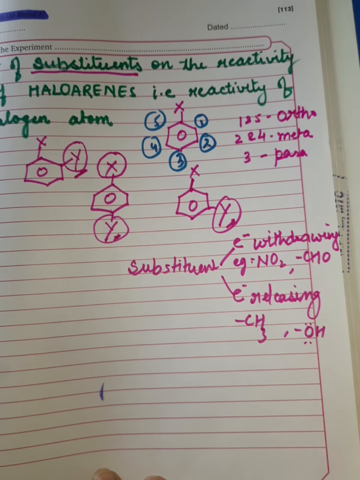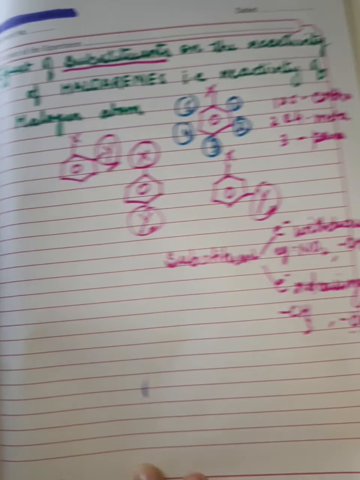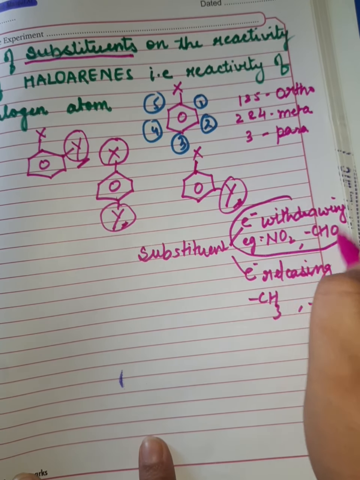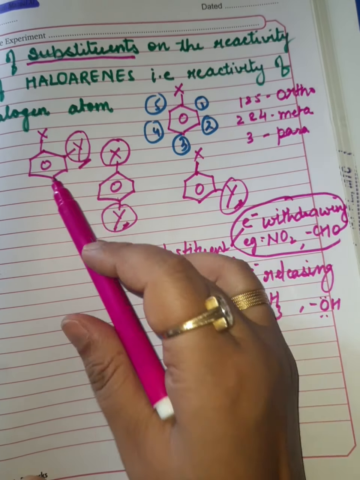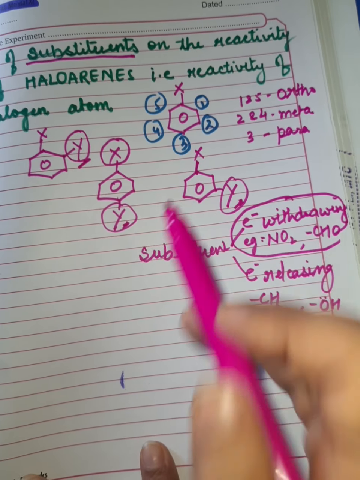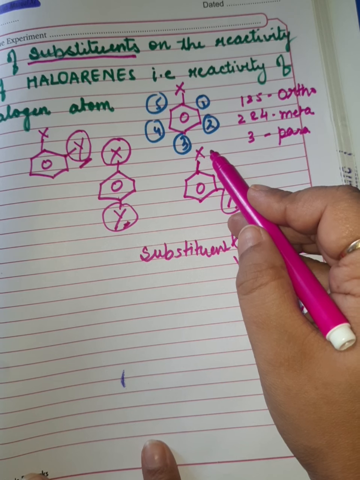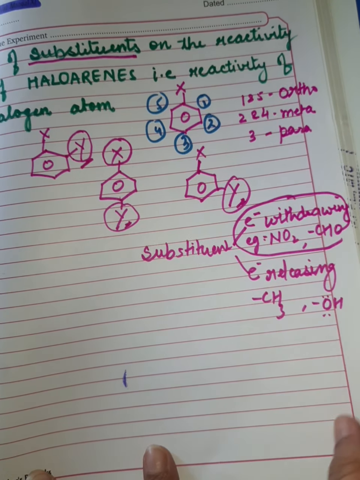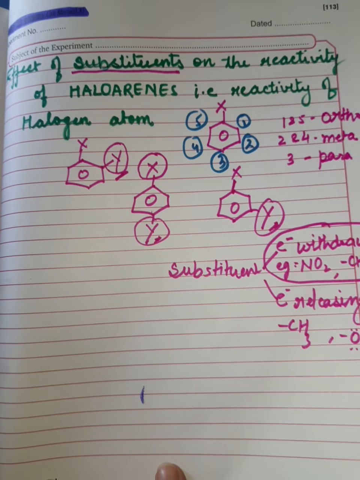So in case of haloarenes, dear students, it is found that the presence of these electron withdrawing groups on the benzene ring increases the reactivity of the halogen atom in case of haloarenes. Once again I repeat, dear students, listen carefully.